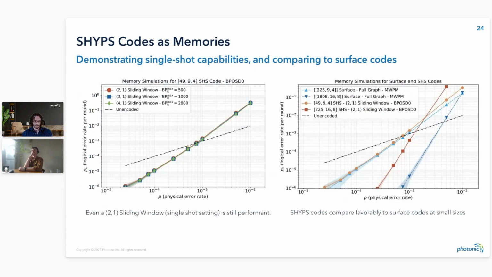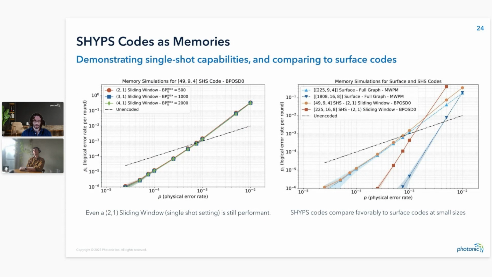So to see that in practice, all you need to do is crack open, say, STIM, and start setting up one of these memory simulations and choosing different window sizes for a sliding window decoding of one of these simulations.